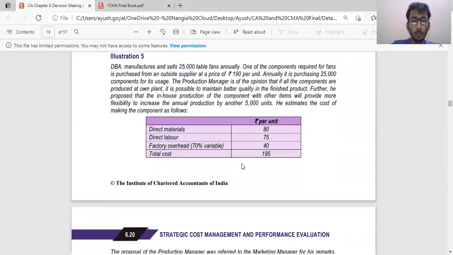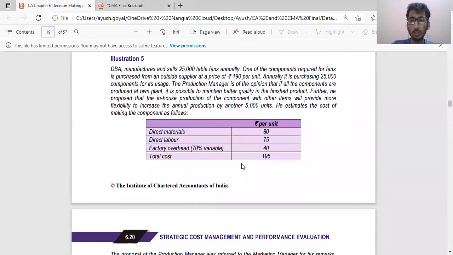Okay, so question number 5 is there. Let's read the question. After doing the question from CA final, we'll do one question from CMA final study material as well. And with this, the outsourcing decision, or I can say make and buy decision, would be closed.